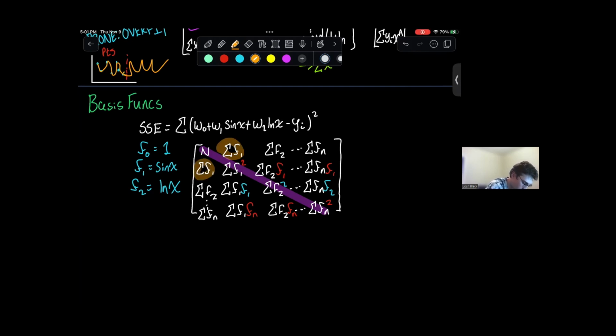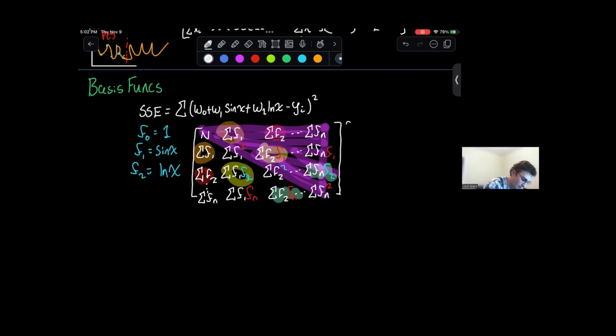F1 and F1. Then we got F1, F2. That should be in there too. We got our diagonal all the way over here, F2, F2. We got F2, Fn. It's symmetrical along the diagonal, which means as long as we can get this upper triangle here, we just copy it down to our lower triangle. Pretty easy.